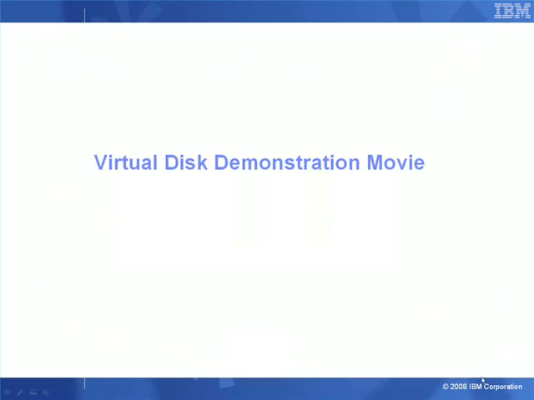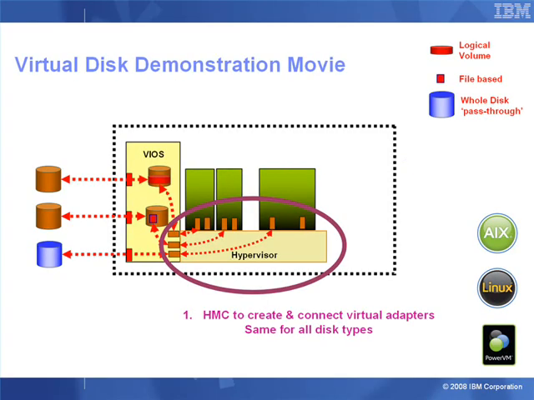Now, in the next movie about virtual disks, we're going to demonstrate how we actually set up our virtual disks using our virtual I/O server. On the HMC, the Hardware Management Console, we create these virtual SCSI adapters, both in the client and in the virtual I/O server, and we connect up those virtual adapters so that the I/O will actually transfer between the server and client logical partitions.